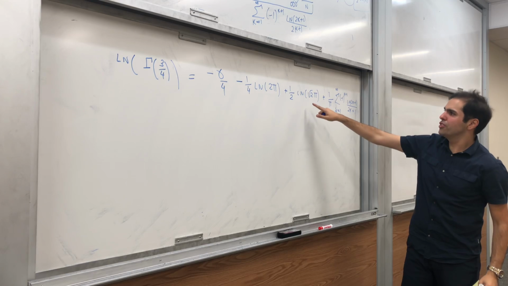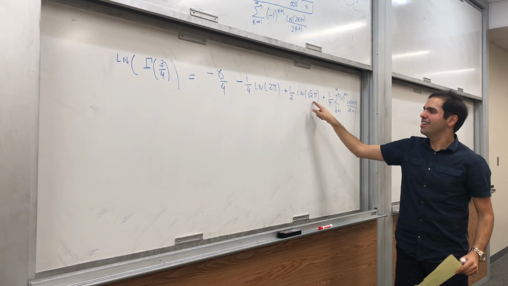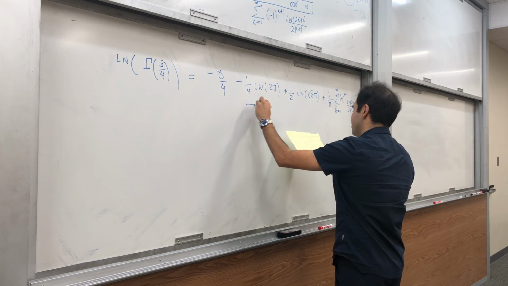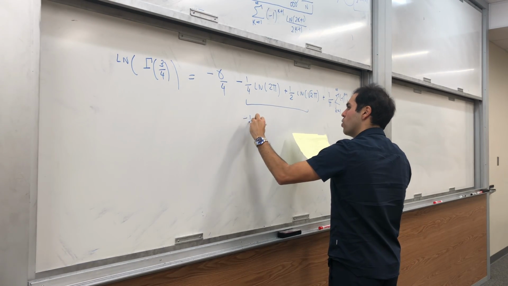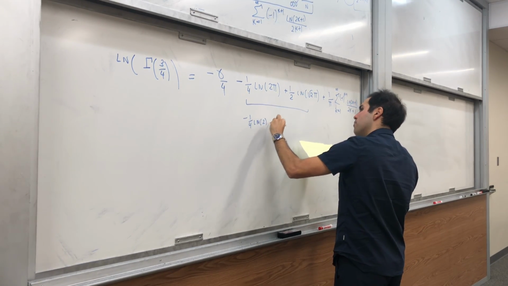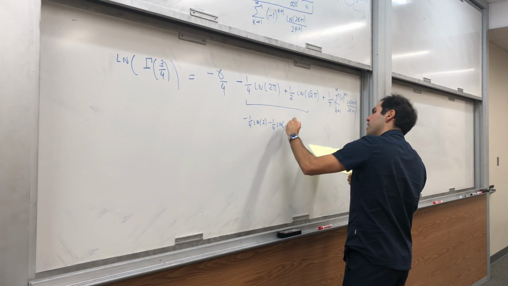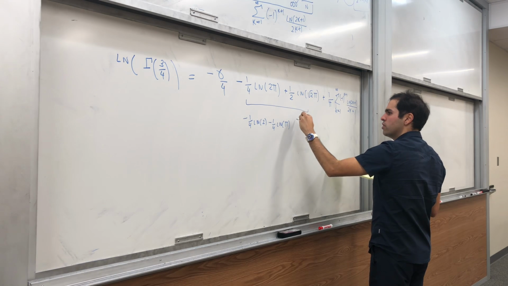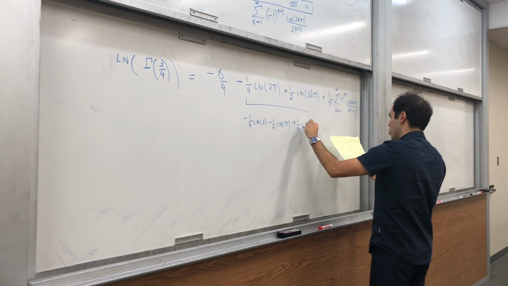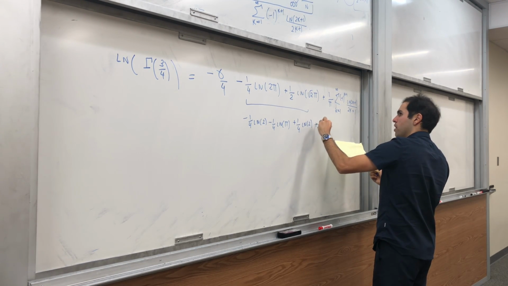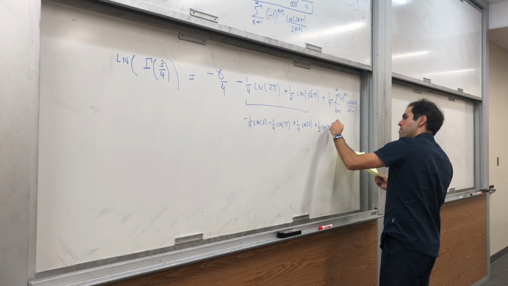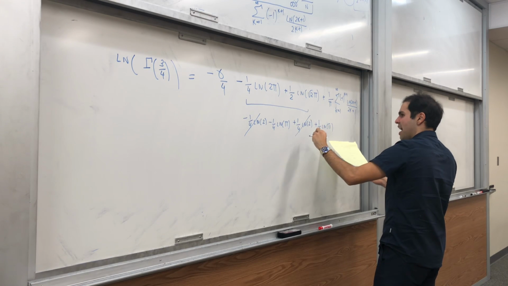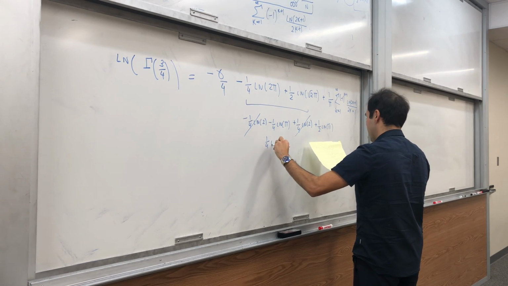Now notice, this suspiciously looks a lot like ln of pi, so let's simplify that further. So this thing is minus 1/4 ln of 2 minus 1/4 ln of pi, plus 1/2 ln of square root of 2, which is actually 1/4 ln of 2, plus 1/2 ln of pi. And lo and behold, this simplifies, and we get in the end 1/4 ln of pi.